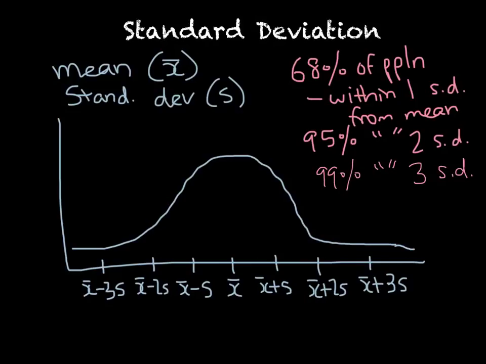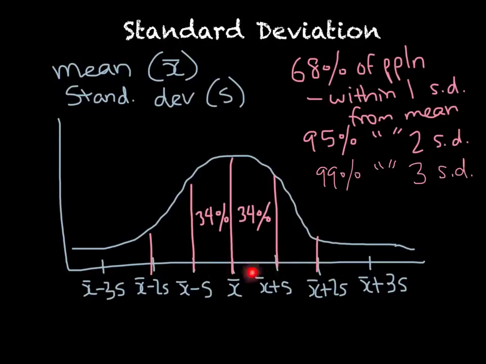So now if we look at this distribution, we know that 68% of the population falls within these two scores. So what we can do is divide this into 2 sections, and since it's symmetric, we know that 34% of the population falls in these ranges respectively. Now we know that 95% of the total population falls in this entire range.